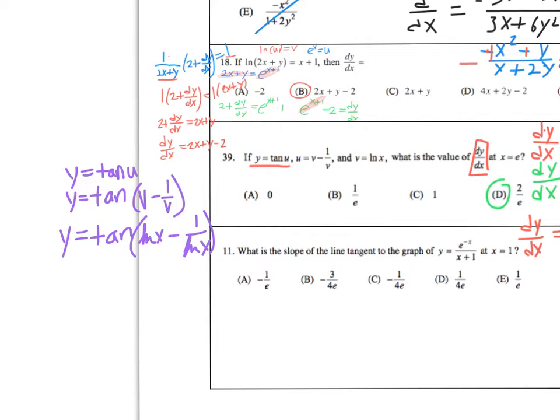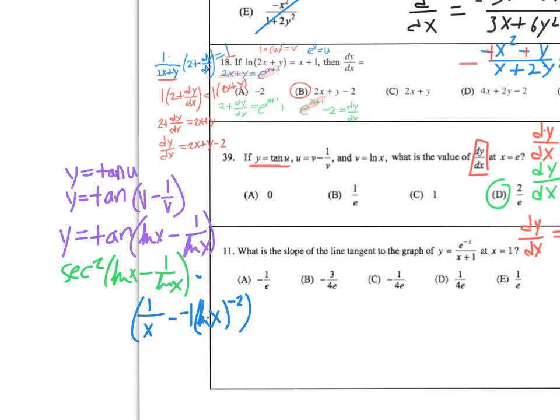Okay, so now if we were to take the derivative of tangent, it would be secant squared of ln of x minus 1 over ln of x, multiplied by the derivative of this stuff, which would be 1 over x minus, 1 over ln of x is really ln of x to the negative 1, so it'd be negative 1 ln of x to the negative 2.